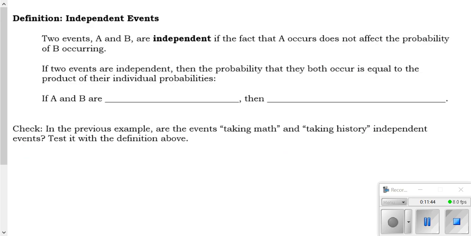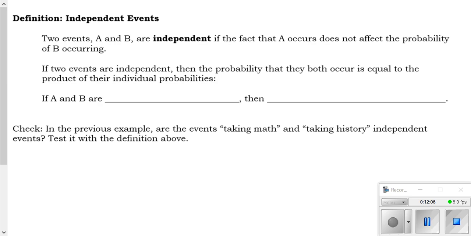Right, so we're now up to the part where we're going to define one of the two terms that I said people get confused. The word independent events means that if I have two events, A and B, and I say these two events are independent, whether or not A happens has no bearing on the probability that B occurs.